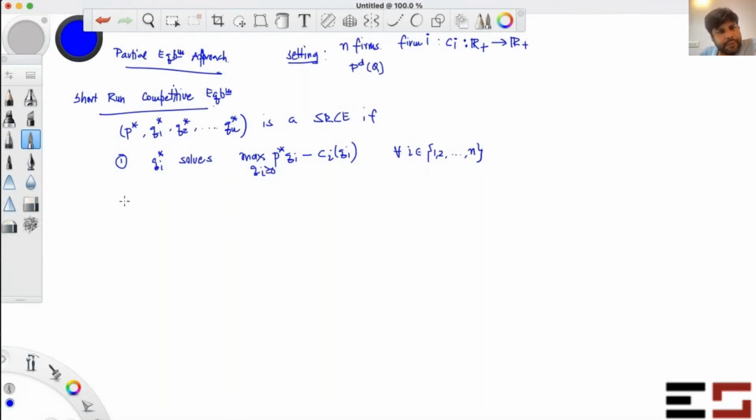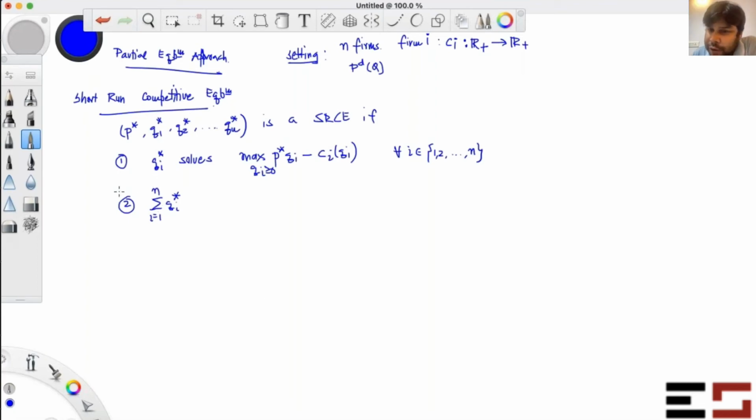The second requirement for equilibrium is that the total supply must be equal to the total demand. If qi star is the supply of the ith firm, then what is the total supply of all the n firms? It is the summation of qi star.